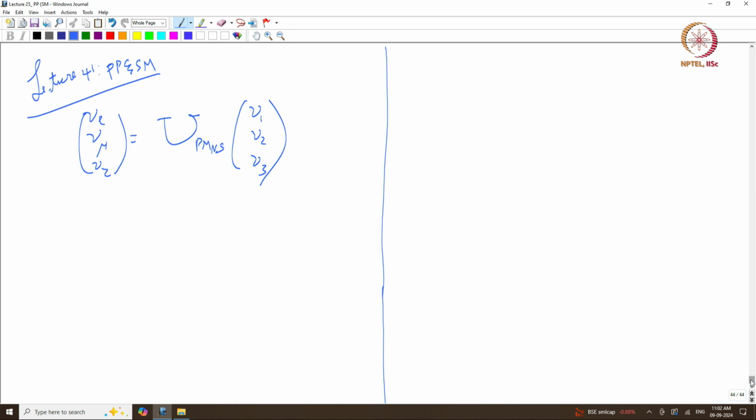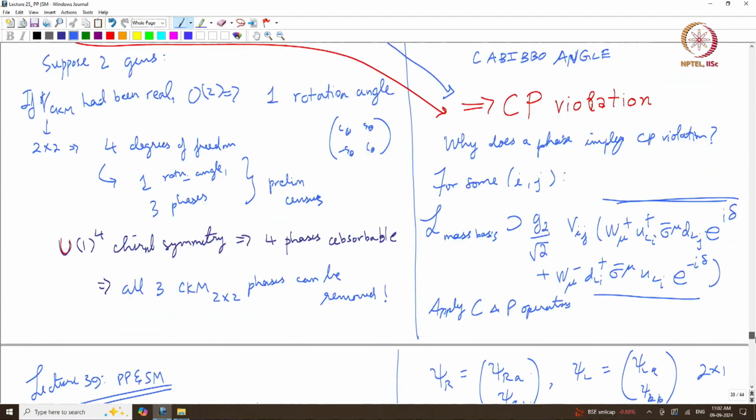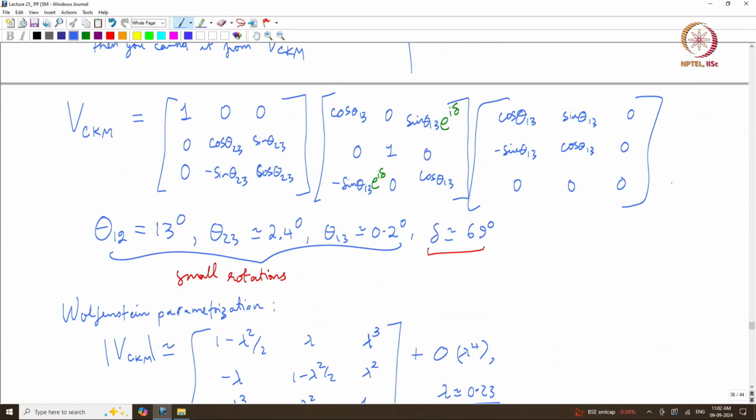Now, once again I can parameterize the PMNS matrix in a way similar to the CK matrix, let me quickly show you what I mean by that, like this, okay, with 3 rotation matrices and once again a phase, okay.